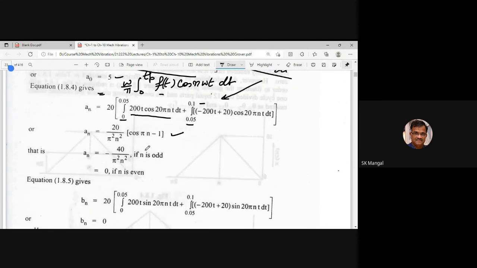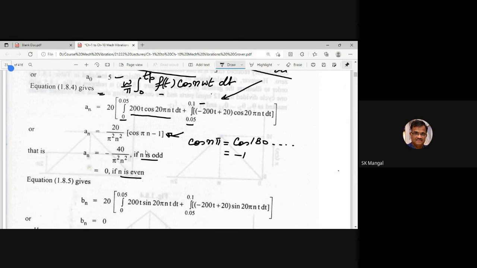So here, for this value you are having two possible solutions, when n is odd and when n is even. When n is odd, it means cos n pi is equal to cos 180 and so on, it becomes minus 1.